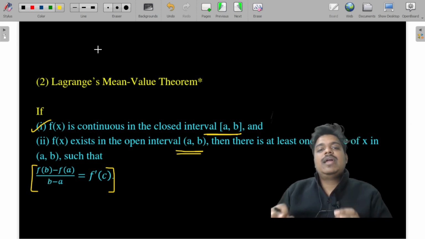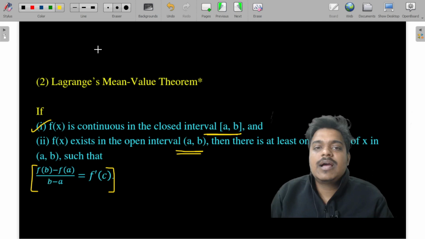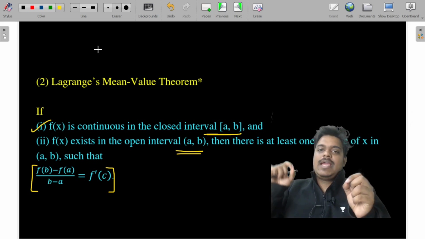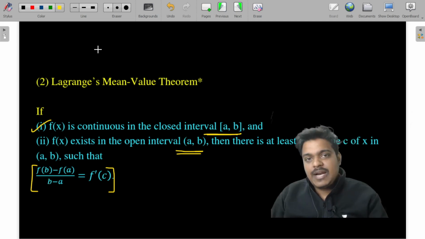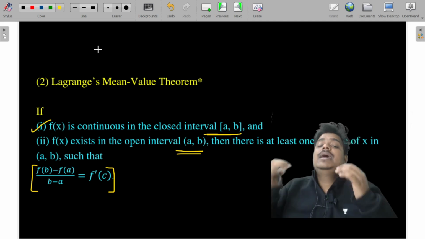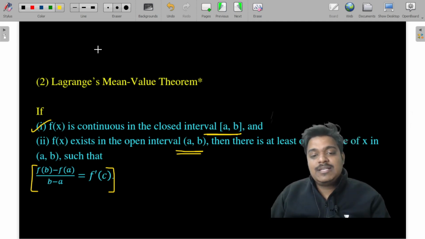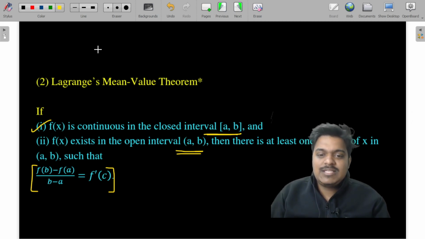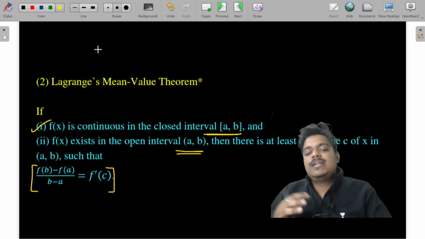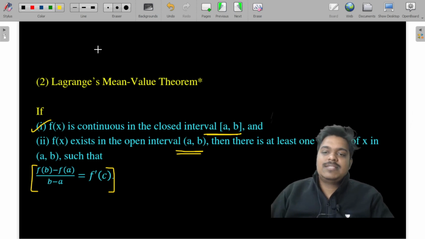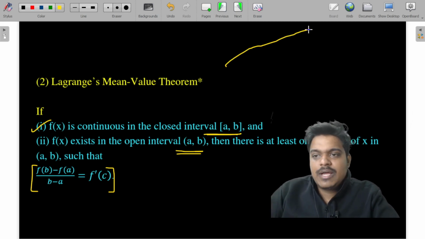So simply we are generalizing a case where there are 2 points, a and b, and the value of the function is different at both the points, which usually happens. In that case there might exist a point c such that f dash c is equal to f of b minus f of a divided by b minus a. For example, suppose this is your graph.